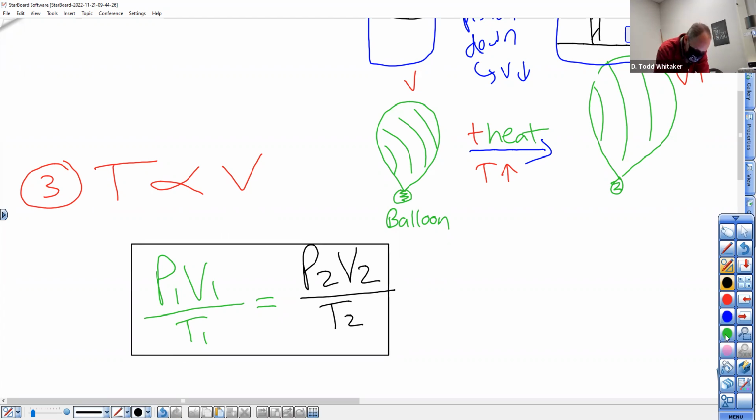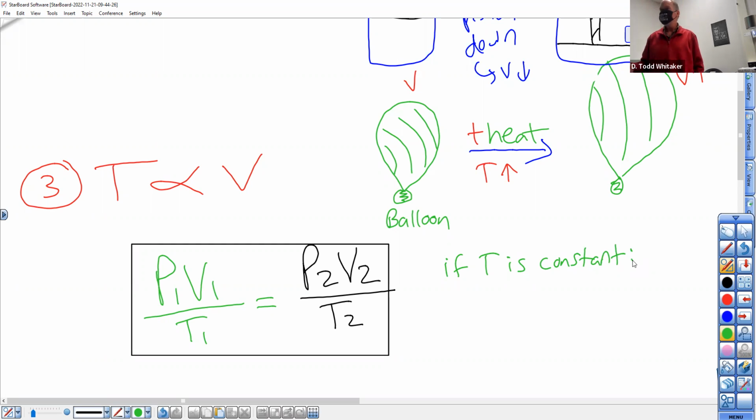If T is constant, then they're going to be the same number for T on the left side and right side. You guys know a little math. Can you simplify the equation if T doesn't change?